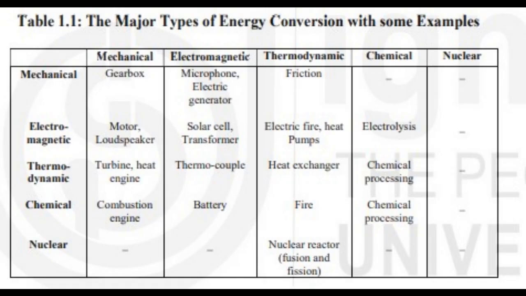Between them, these 5 categories give 25 possible conversions, of which 16 are the basis of important technologies. These are shown with examples in the matrix of Table 1.1, which also indicates an important general feature of energy conversions: transformations can occur from any form of energy to heat. Table 1.1. The major types of energy conversion with some examples. Look at the screen.